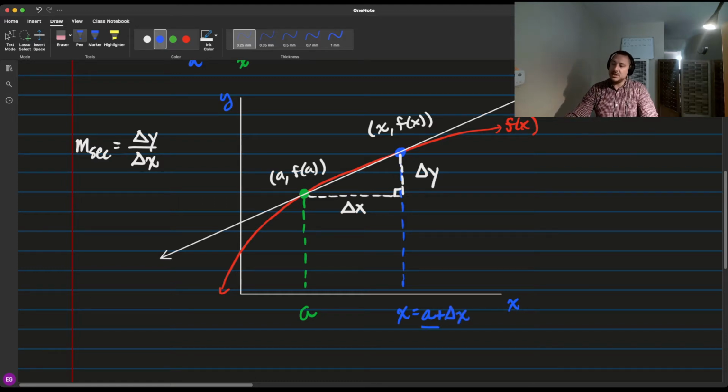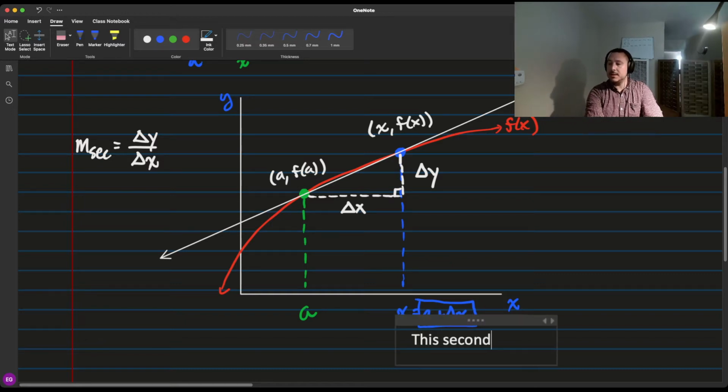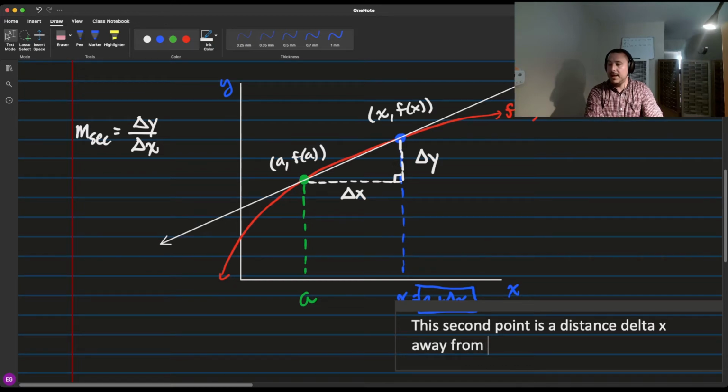And that's how I usually prefer to talk about this second point. I don't want to call it x. I want to think of this second point as a distance delta x away from a.